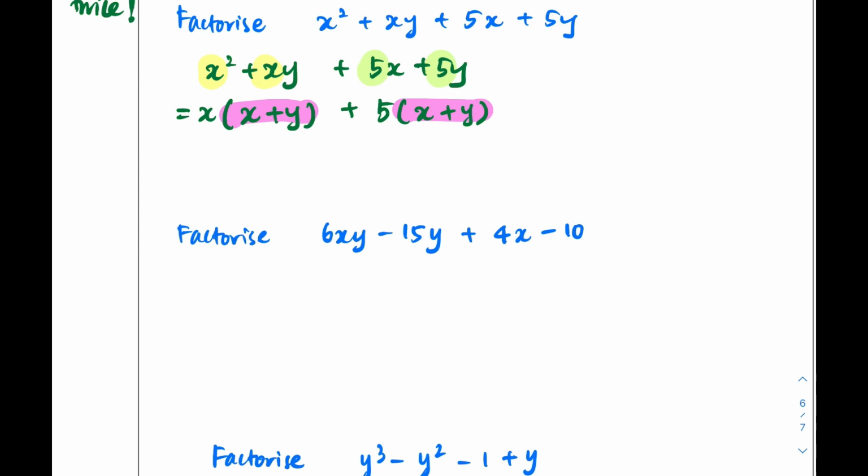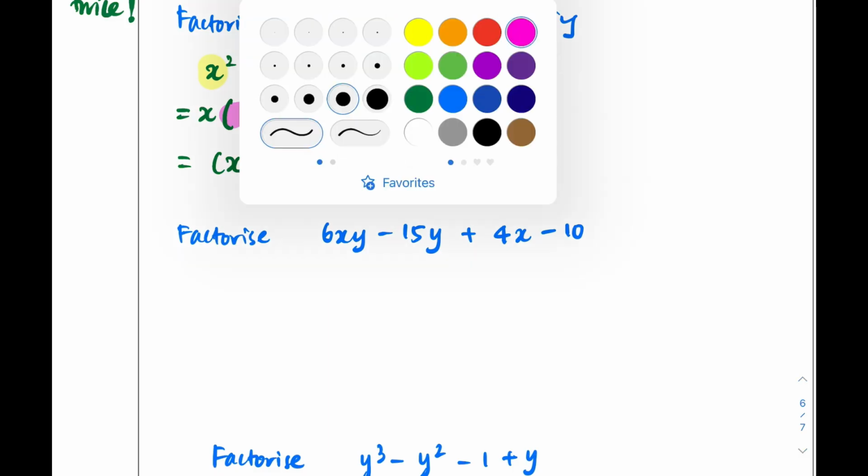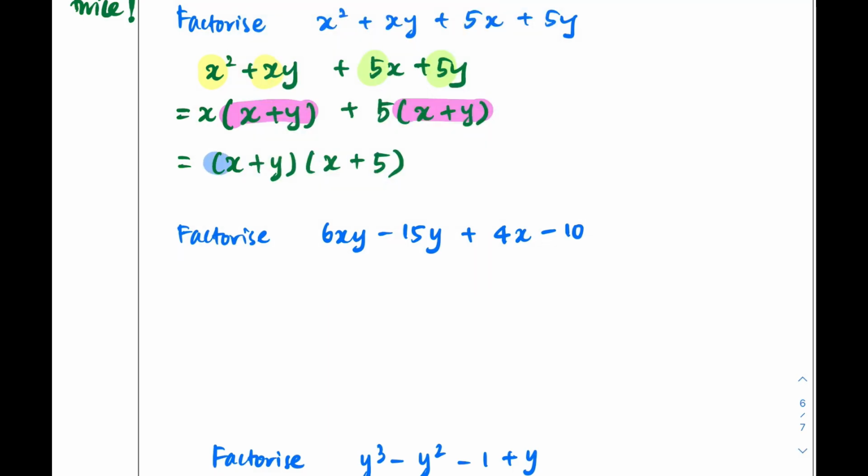So that is the new common factor. We can extract this common factor x plus y again, and we would be left with x plus 5 in the bracket. So you can see in the final answer what we have is a product of terms, which is what we must always have when we factorize.